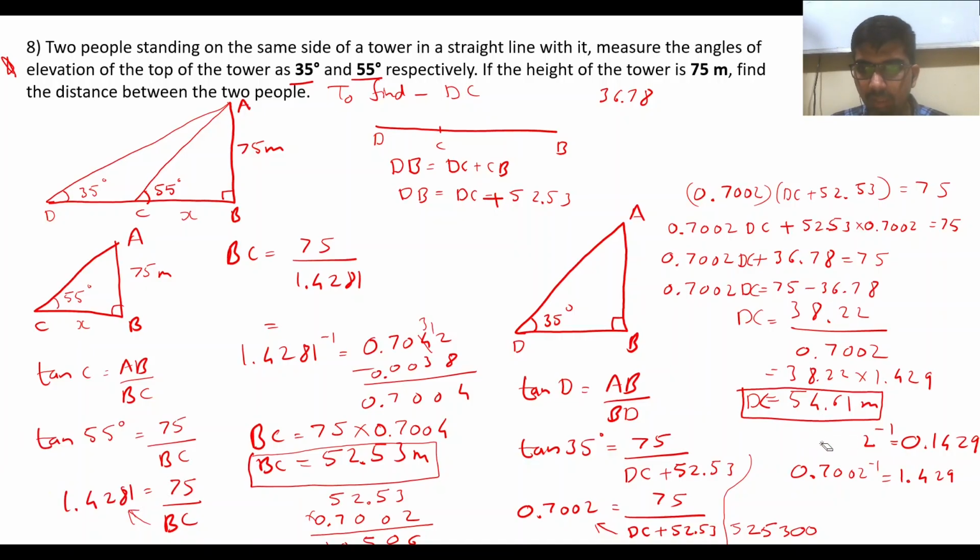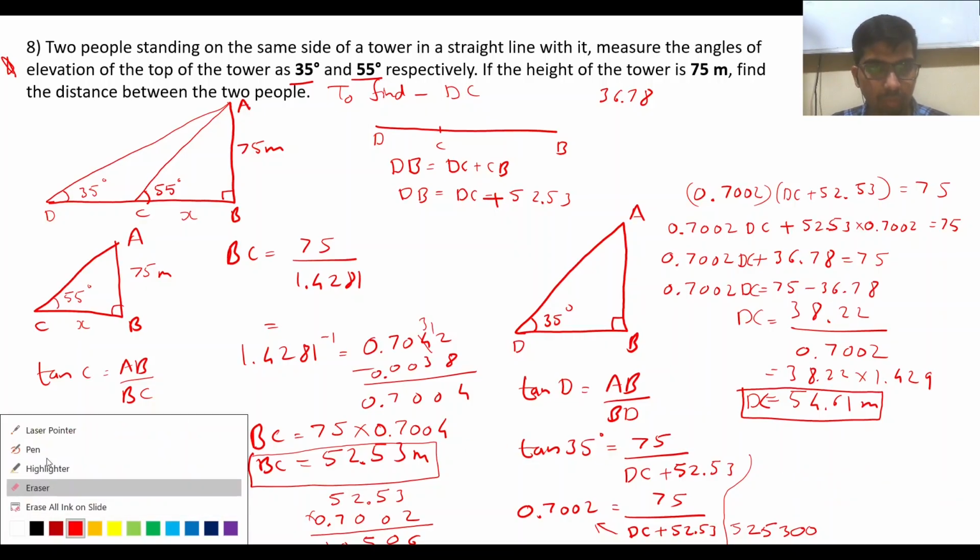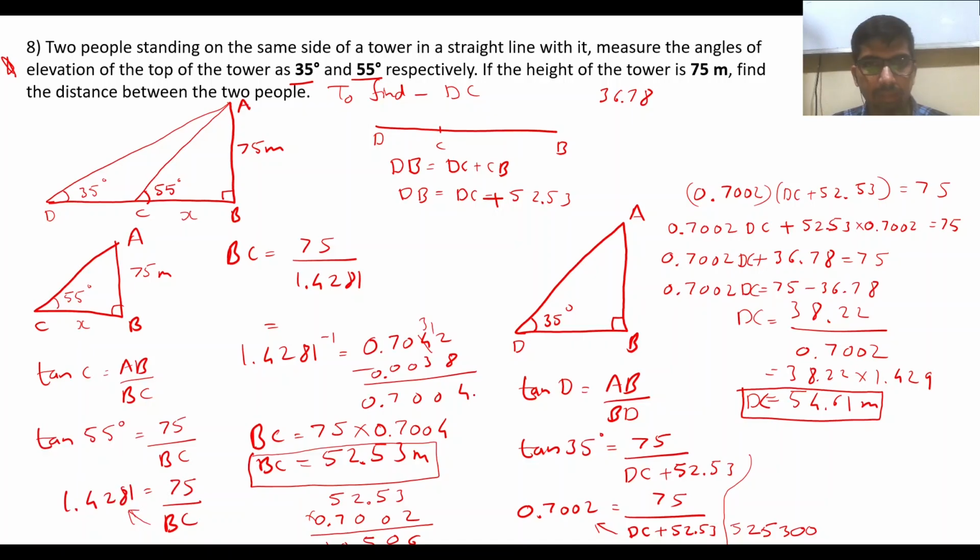So do all this carefully. Now the stakes are getting higher, as you can see, higher and higher. So you have to be very sharp now. Just go through it, pause the video for some time and then do it. The distance between two people is 54.61 meters.